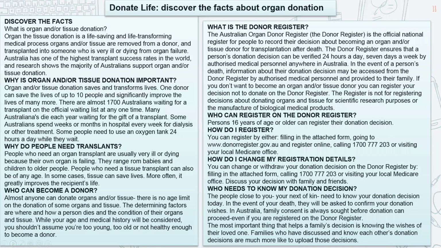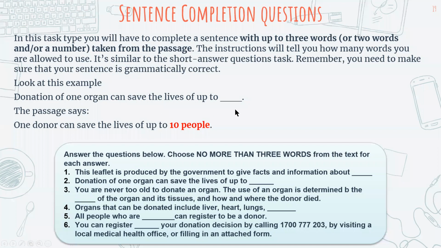Now we have another passage. It's called Donate Life, Discover the Facts About Organ Donation. Okay. With this passage, we have another type of questions that we need to discuss in this lesson. It's called sentence completion questions. In this task, let's read this.